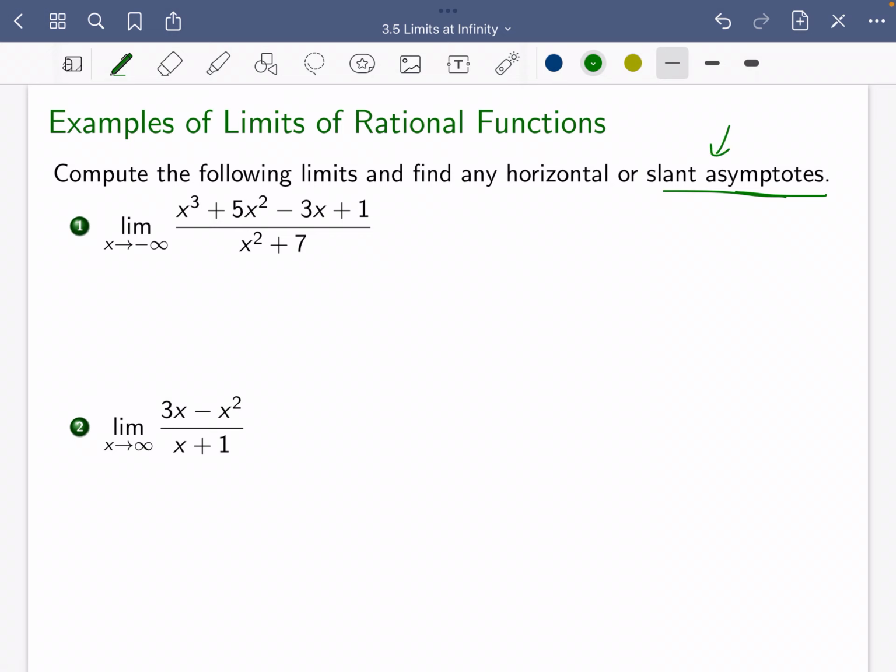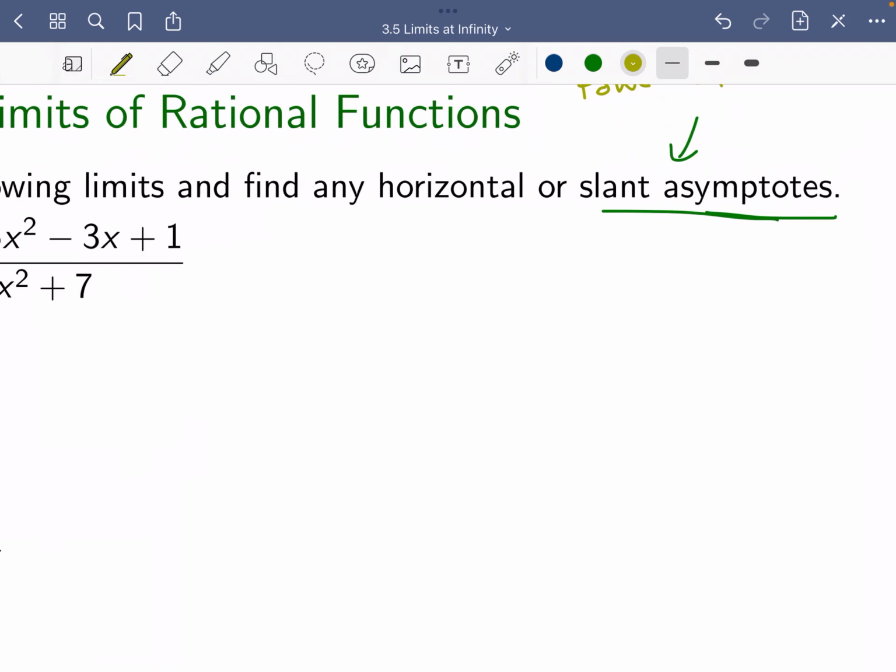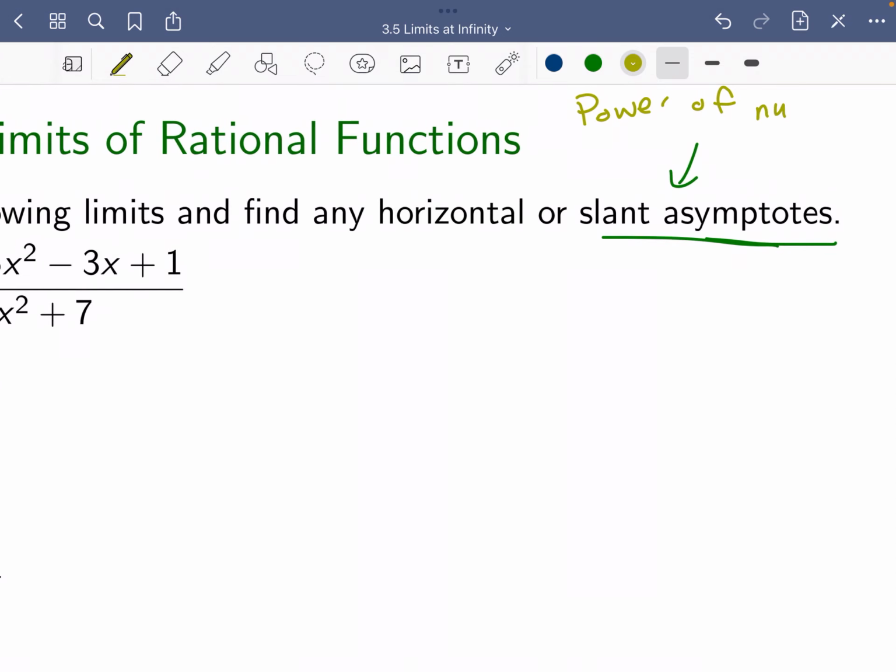These occur if the power of the numerator is exactly 1 more than the power of the denominator.